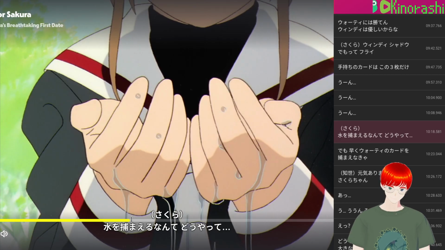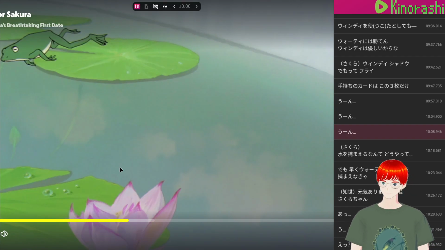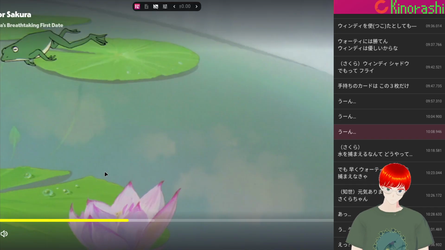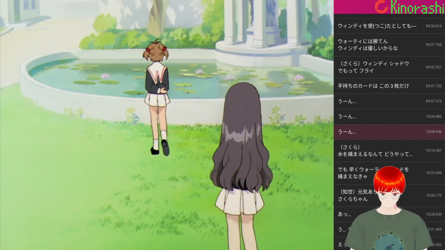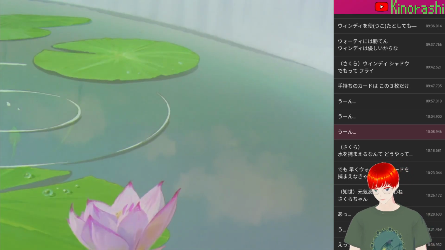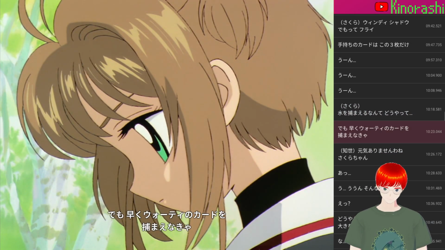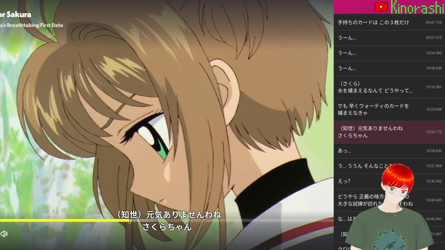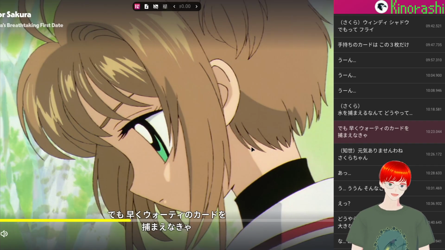does. どうやって。水を捕まえるなんてどうやって。でも早くウォーティのカードを捕まえなきゃ。元気ありませんわね、さくらちゃん。でも 早くウォーティのカードを捕まえなきゃ.